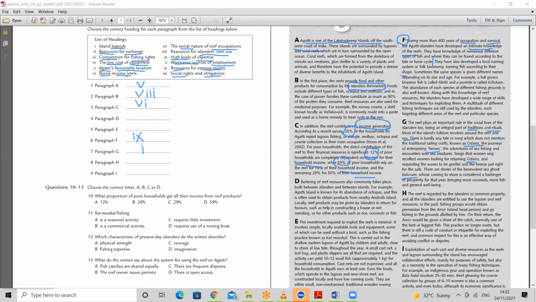So you can see that because I looked at the numbers in the middle of the paragraph, that helped me decide the right answer. And because I looked at phrases like household income that were repeated quite often, it became easy for me. Now, can you try the rest all by yourselves?